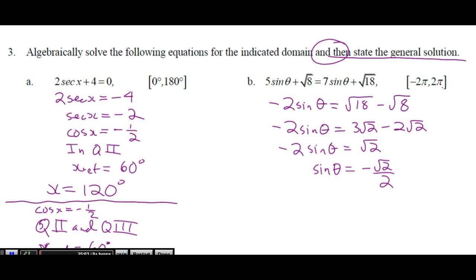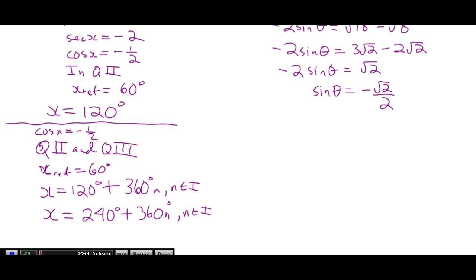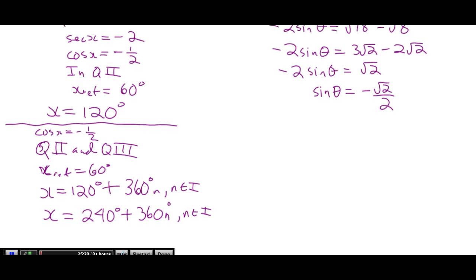I just have a question about 3a. Could you also write that as x is equal to 180 plus or minus 60, and then plus 360n?